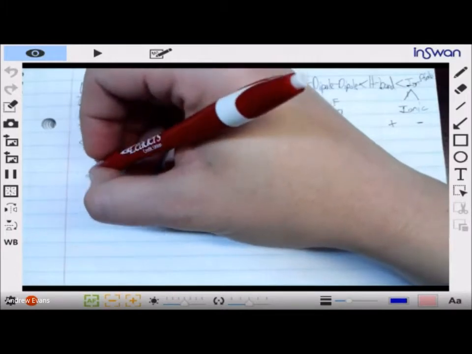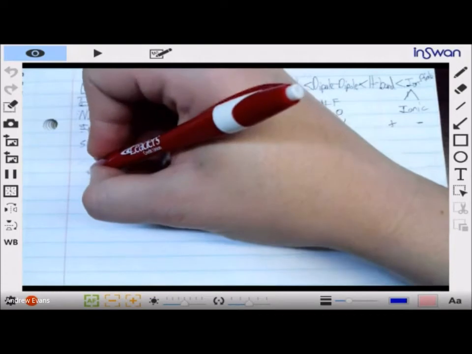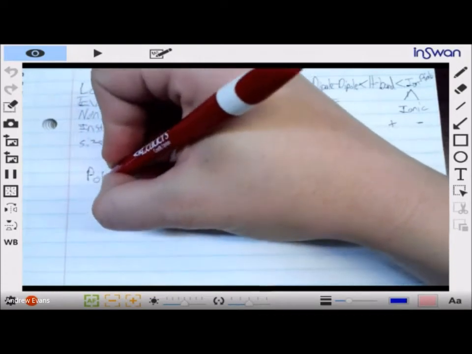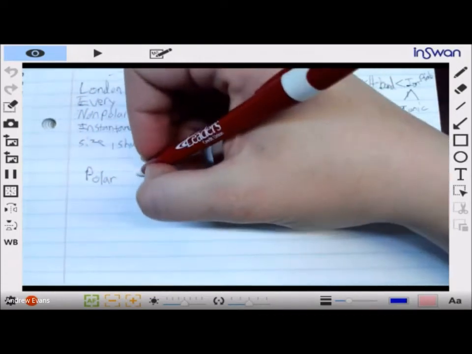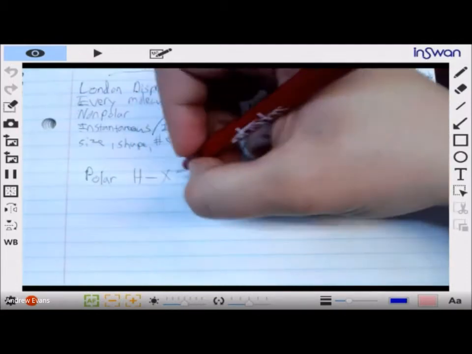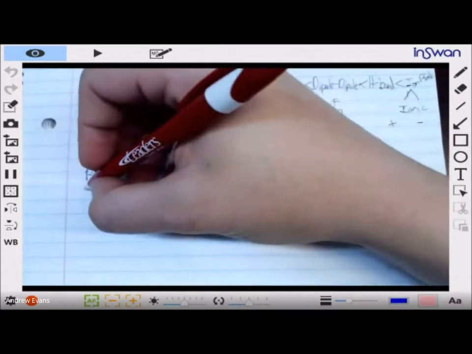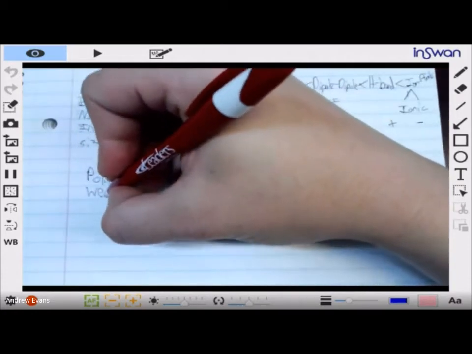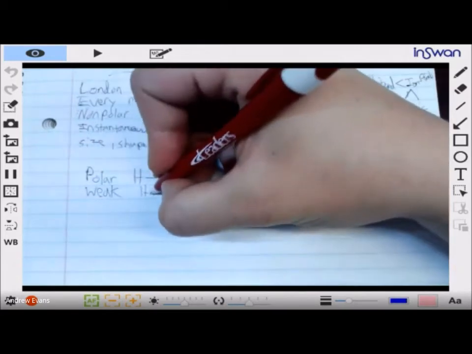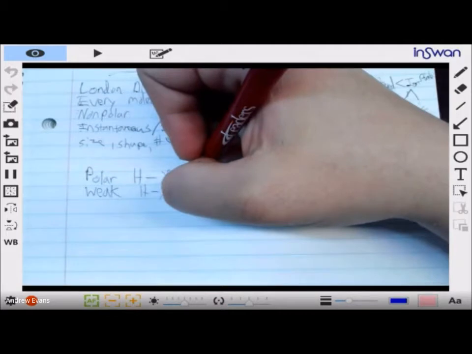Strong acids will have basically a very polar H-X bond, some sort of really polar bond. It will have a weak HX bond. We want a really polar molecule to remove the electron density from this.